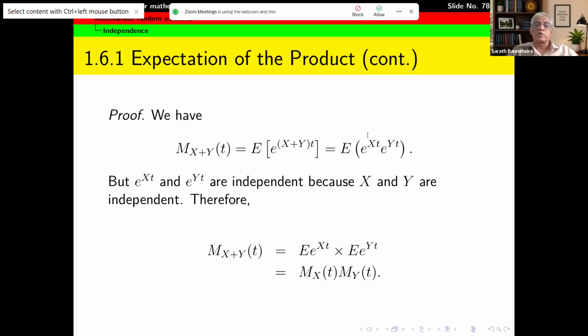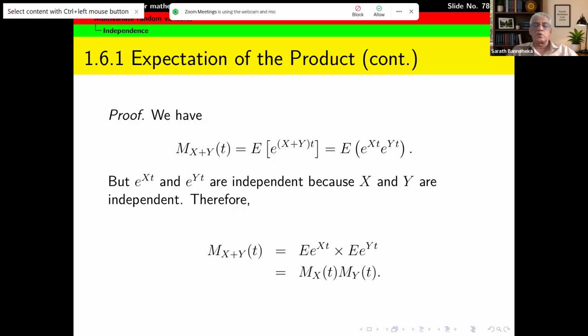So now this thing, for example, is like a w, and this may be something like u, where this is a function of x only and this is a function of y only. These two functions are separately functions of independent random variables. So therefore, this quantity and this quantity will be independent.